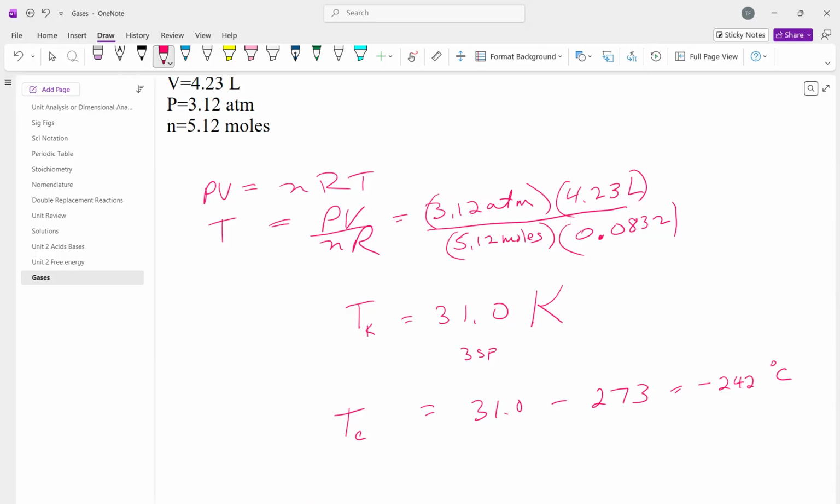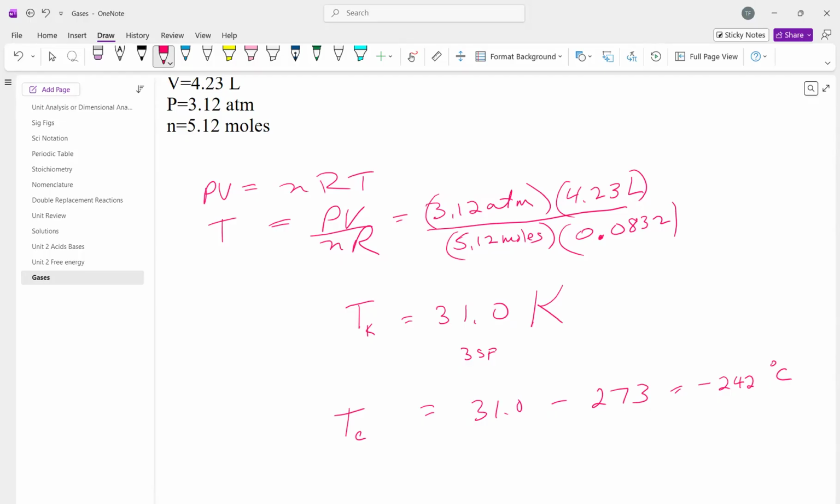Remember 273? So K is always higher. So to go to centigrade, you've got to drop the numbers. That means you've got to subtract 273. The question is either add or subtract, which one? So 31.0 is the Kelvin.